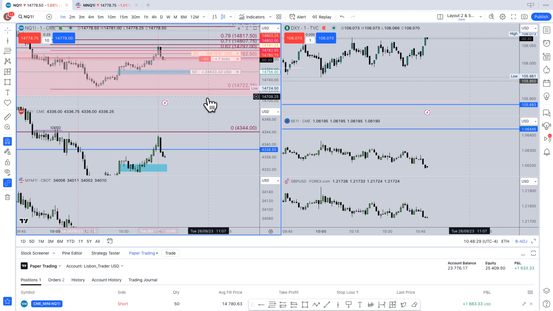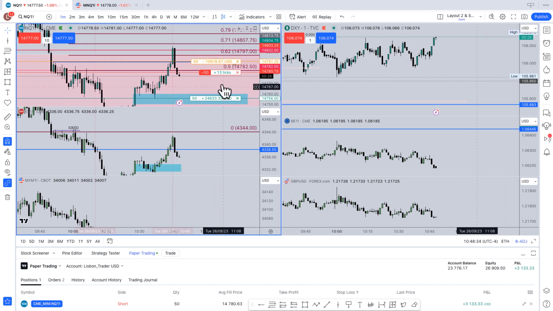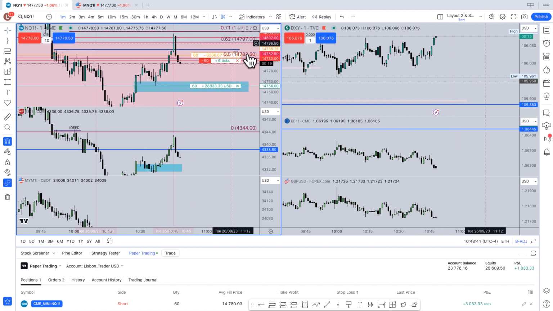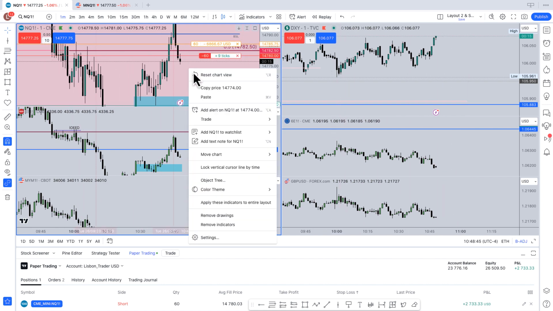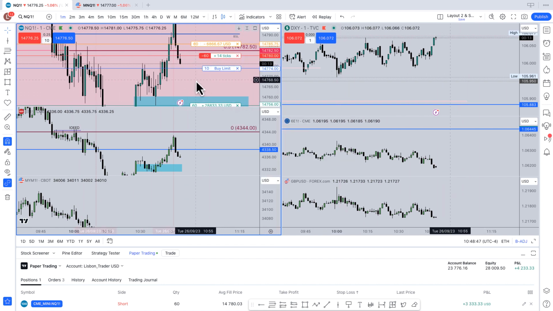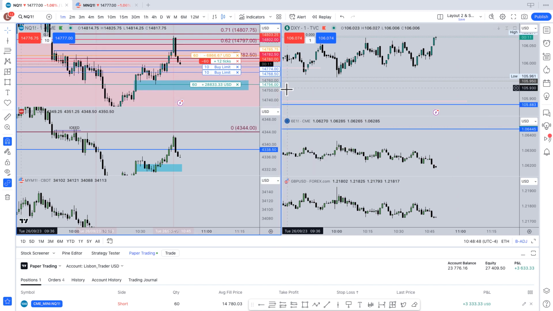So 24, 23. If this arrives here, it's 24. Buy some more. Tight stop. Buy here. Buy there.